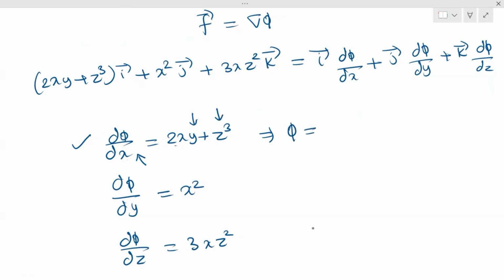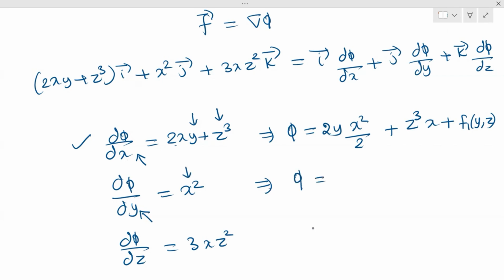So the first term integration, first equation. The first term, write 2y as it is. X integration x square by 2. Here z cube is constant, so z cube x. Here we are treating y and z as constant, so we write f1 of y comma z. Second one we are doing integration with respect to y, treating x and z as constant, so we will get phi equal to x square y plus function of x and z.